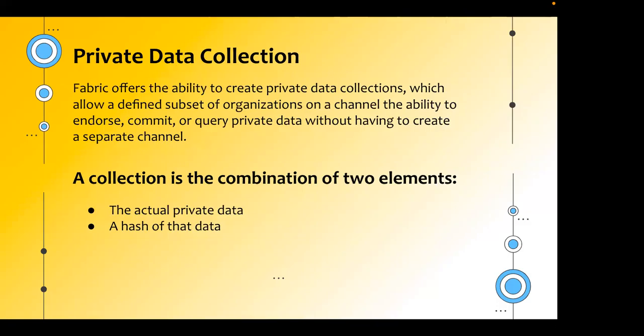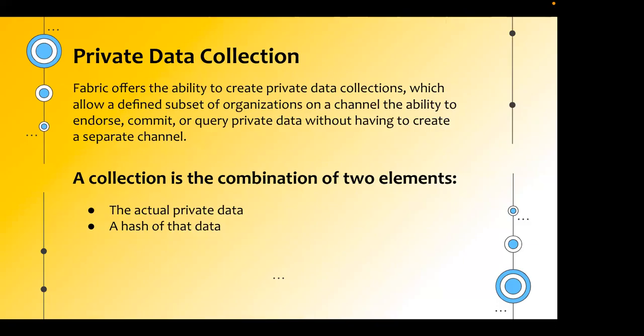The hash of the data will be available to everyone, meaning all the committing peers who are part of that particular channel, because we are doing this inside the channel only. So the actual data is visible only to the peers who are part of the private data, but the hash of the data is available to all the peers who are part of the channel.